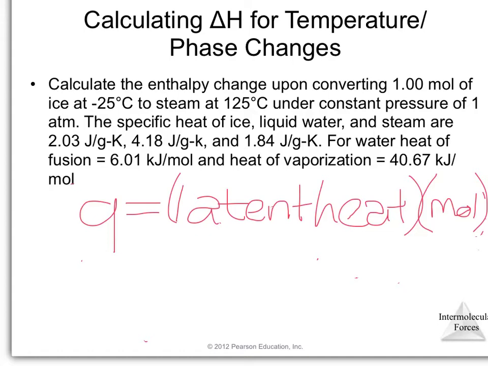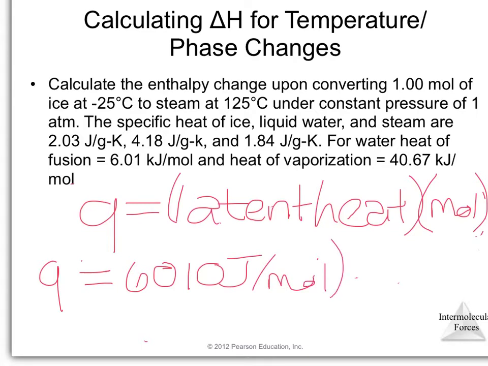So in this case, for B to C, that would be where we have our heat of fusion or melting. They gave us our latent heat value as 6.01 kilojoules per mole. I want that in joules. So if I wanted that in joules, I'm going to multiply by 1,000. So I should have 6,010 joules per mole. So that would be my latent heat.